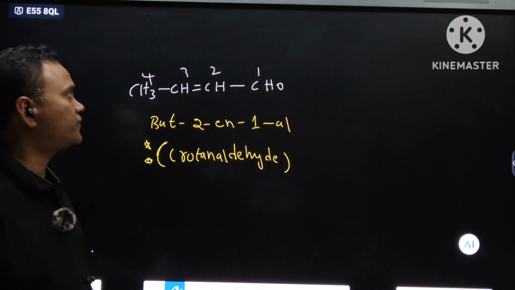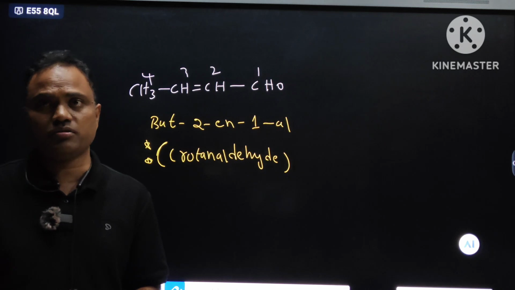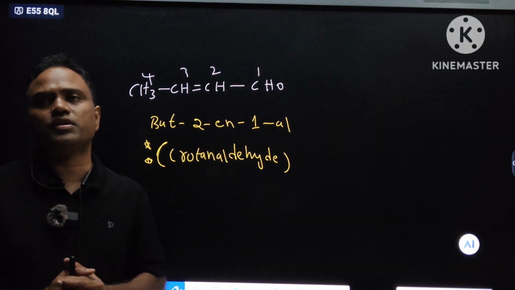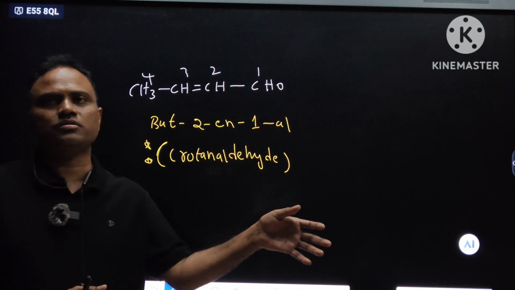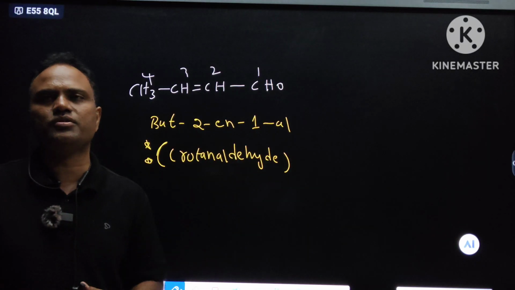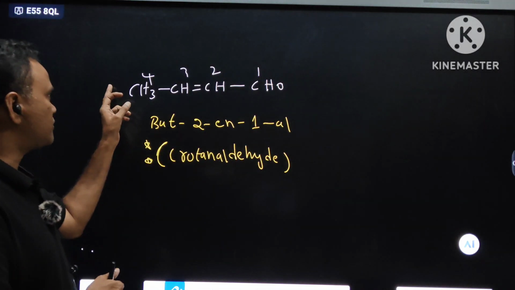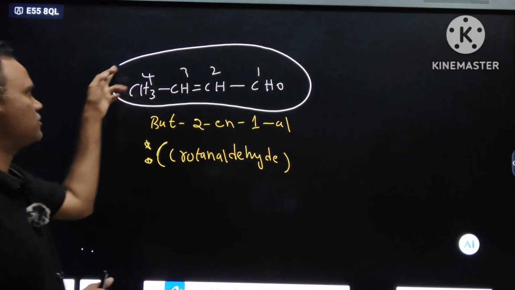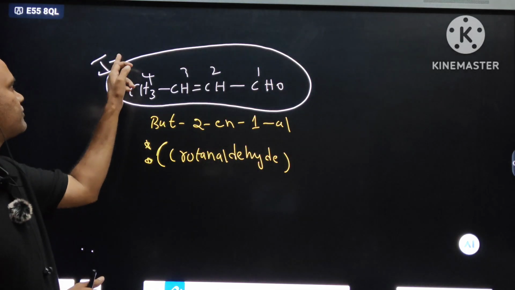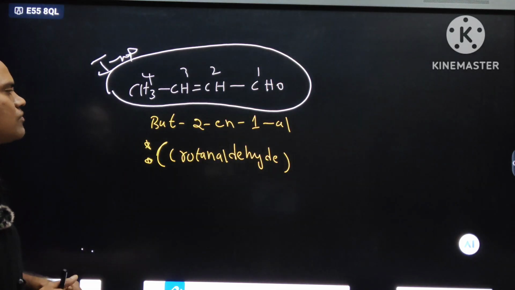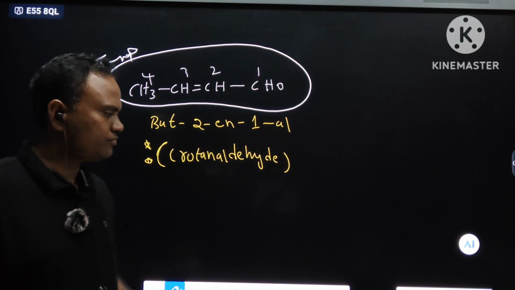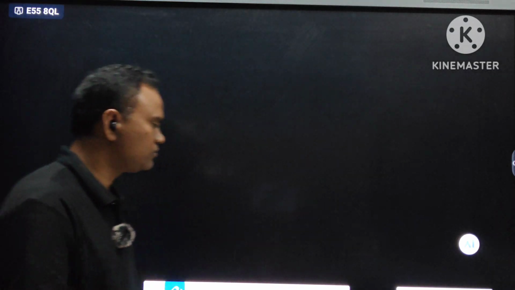This is the product of aldol condensation. There, how will you get the question? They'll give the reaction. They'll ask like this: what is the IUPAC name of the product? This is the aldol condensation reaction product. Important. Crotonaldehyde, right? Next.